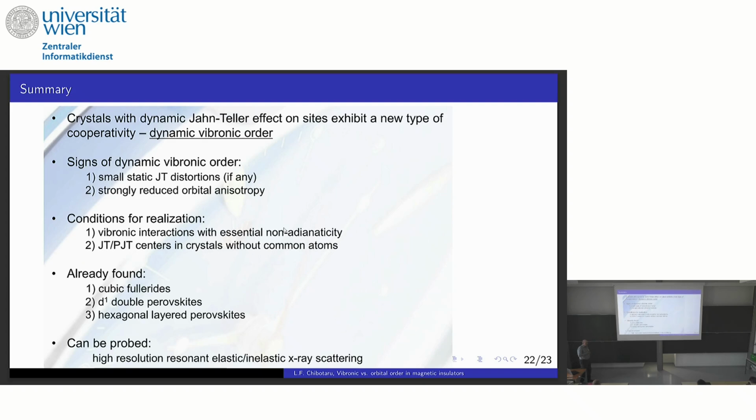The implication for multipolar ordering is that in this case you have the same multipolar interaction, but between vibronic states. If for some reason you have strong localization in a trough, then you immediately have a huge orbital splitting, a non-degenerate ground state, and then you don't have a multipolar coupling.